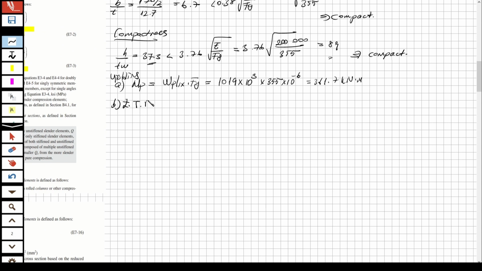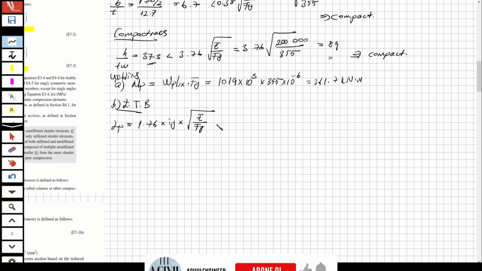Lateral torsional buckling. For this one, Lp equals 1.76 multiplied by the radius of gyration in the y direction, multiplied by the square root of E, the modulus of elasticity, over Fy.